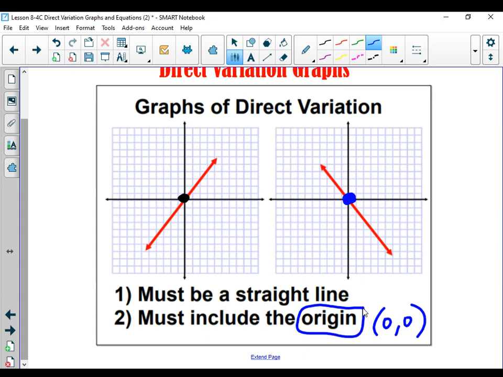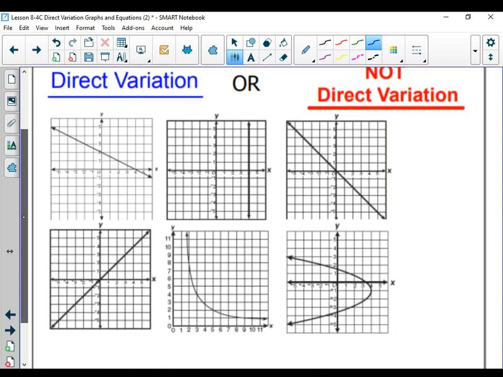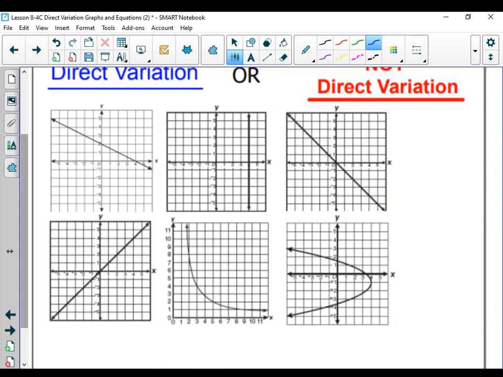Are you following me so far? So when you look to the right, and it shows you some examples of some graphs, we can't pick all of them. Do you see them over here on the right? So which ones would fall under this direct variation thing, Maddie?